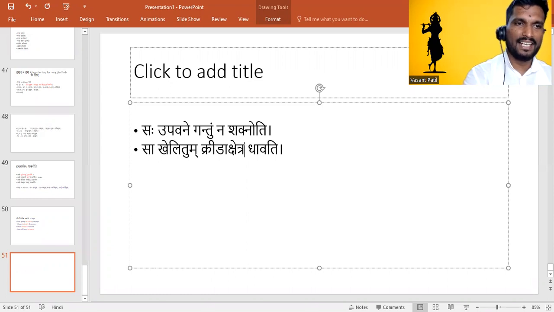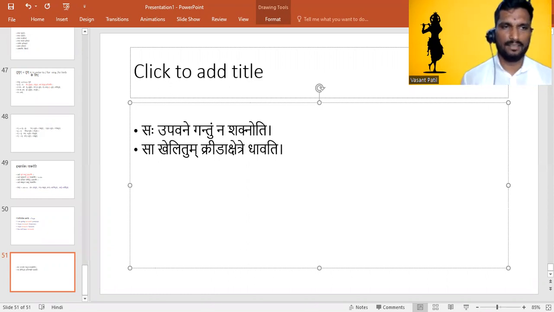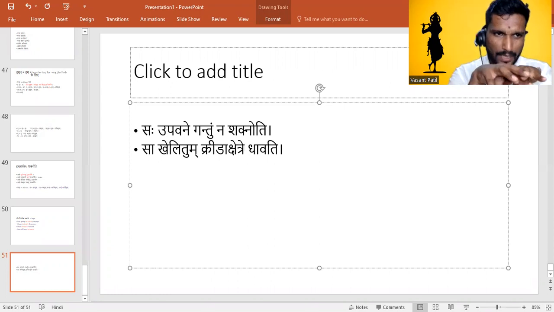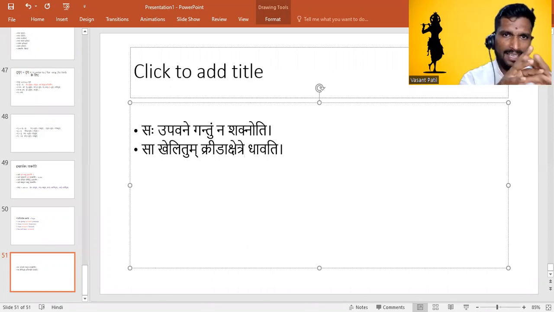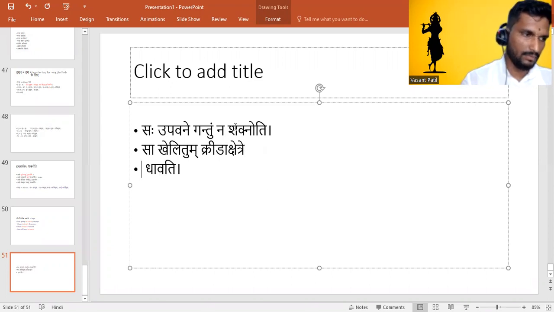If you say Krida Kshetre, in the playground. So, on the playground, in order to play, she runs. So, two kriyas are accomplished here.